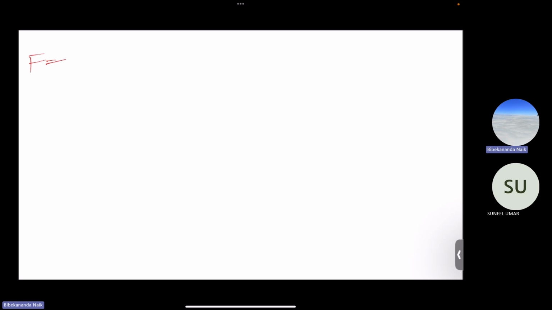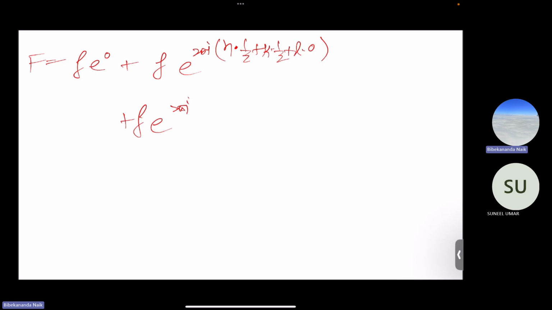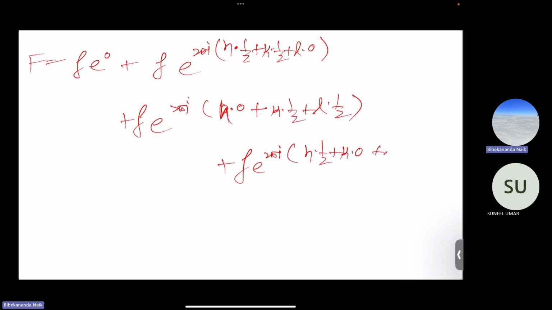If you similarly put in the formula, then it will be f e to the power 2 pi i (h into 0 plus k into 0 plus l into 0), then f e to the power 2 pi i (h into 1 by 2 plus k into 1 by 2 plus l into 0), then plus f e to the power 2 pi i (h into 0 plus k into 1 by 2 plus l into 1 by 2), plus f e to the power 2 pi i (h into 1 by 2 plus k into 0 plus l into 1 by 2).